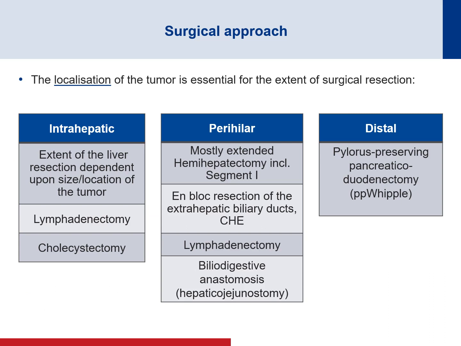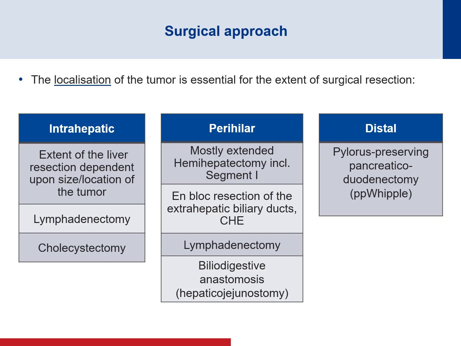And finally, the localization of the tumor is essential for the extent of the surgical resection. So in case of an intrahepatic CCA, the extent of the liver resection is of course dependent upon size and location of the tumor.